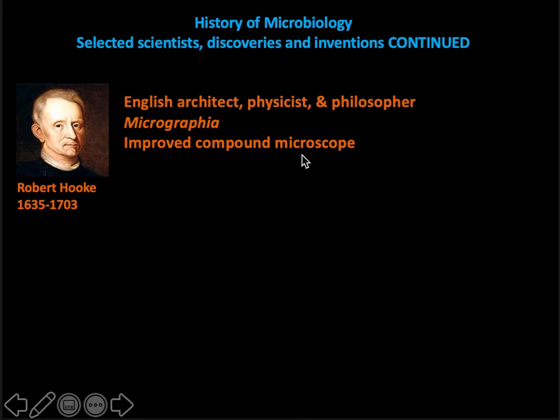He improved upon what was already a simple compound microscope at that time, so he was able to have some better images and better sketches. And so we really started to discover and learn about this new world of organisms that exist that are smaller than anything you can see with the naked eye.